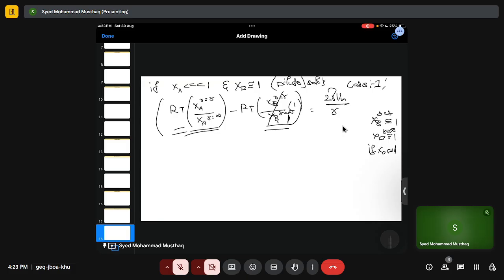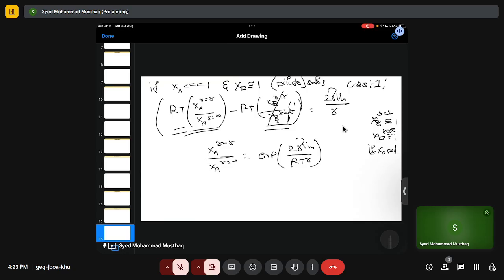Then what we are left with is XA at R equals R over XA at R equals infinite equals exponential of 2 gamma Vm upon RT.